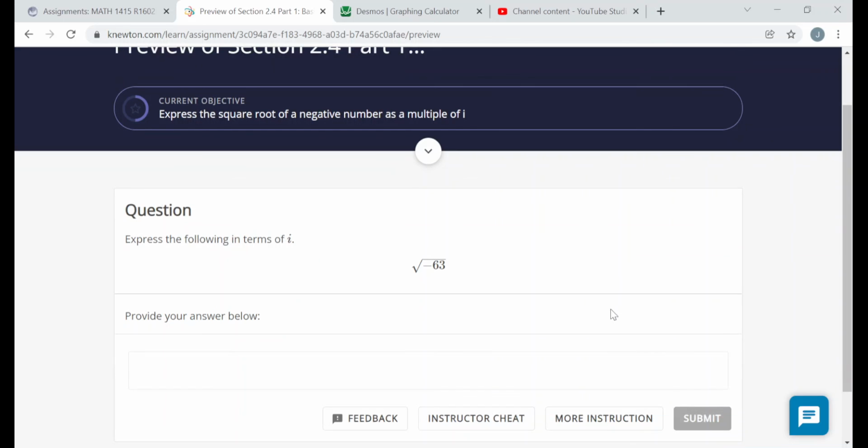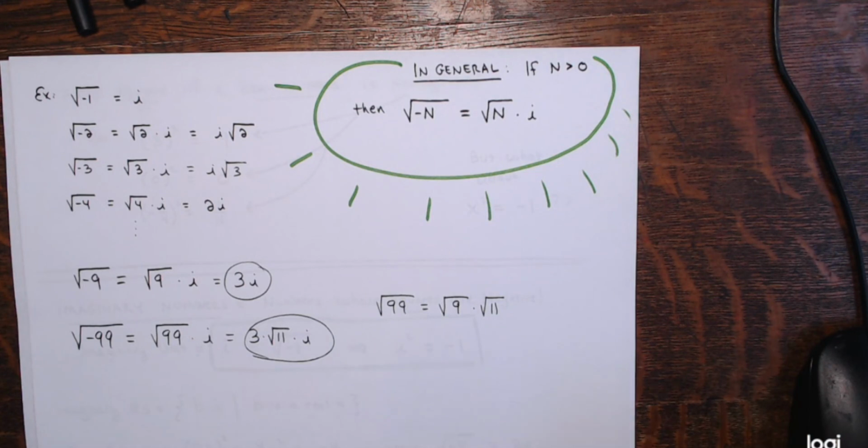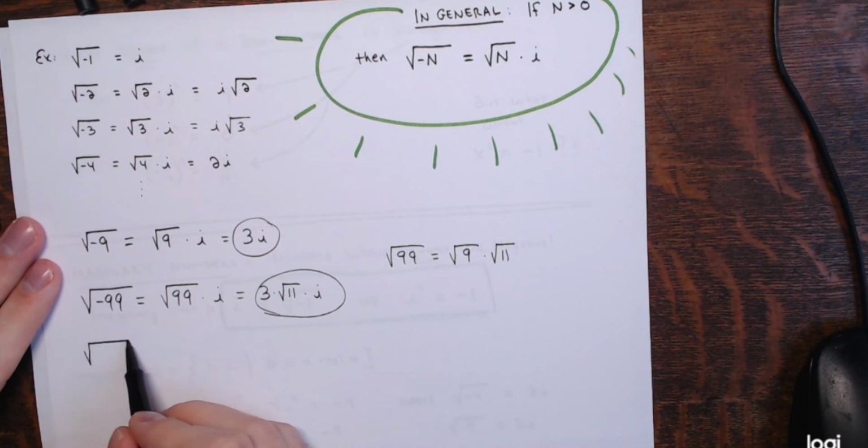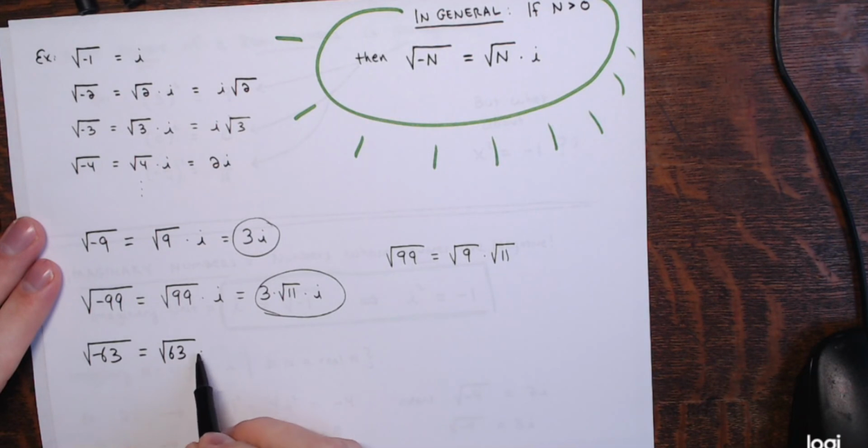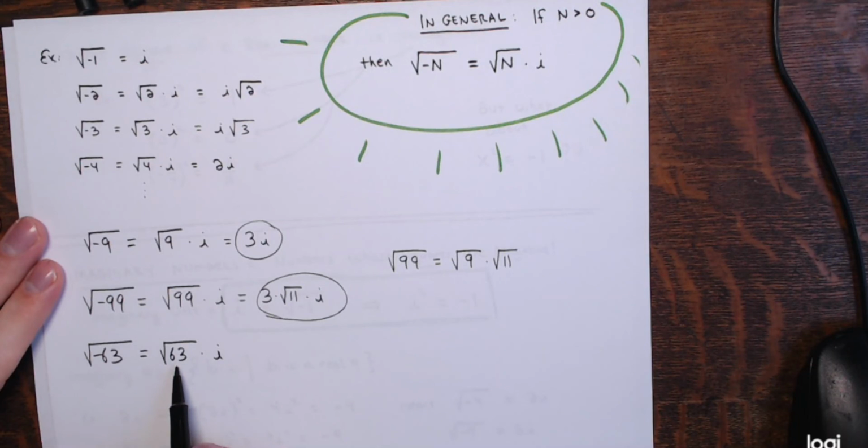Back to this. Now the square root of negative 63. Once again, I'm going to rewrite this as the square root of positive 63, a real number, times I. And this is 3 times 21, which is 3 times 3 times 7.